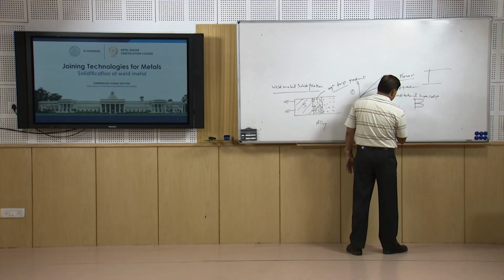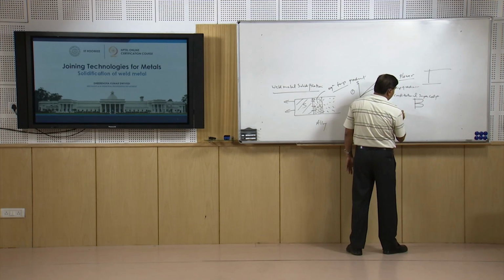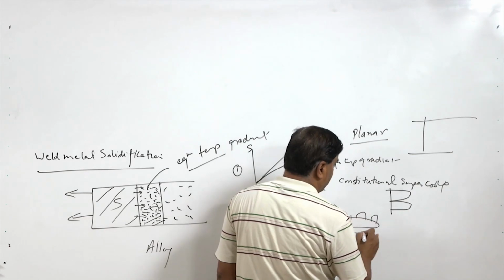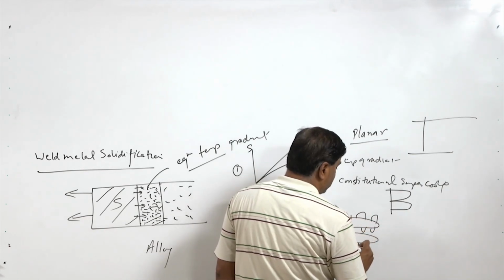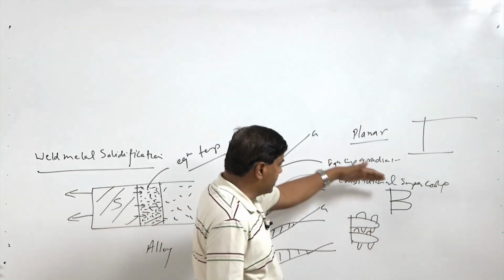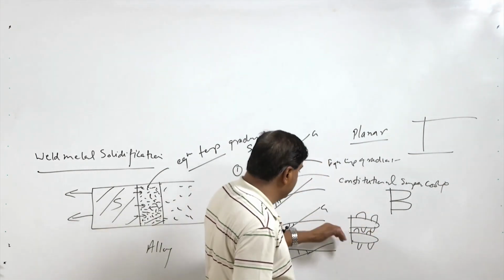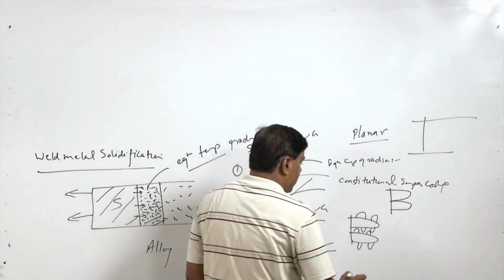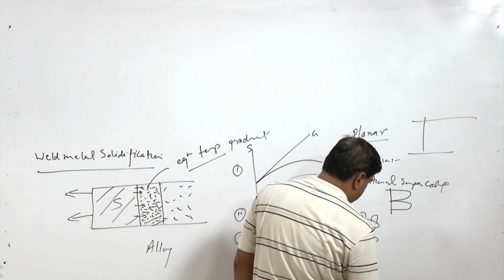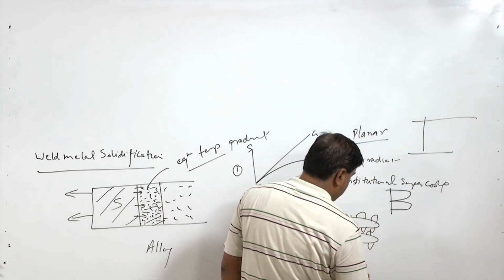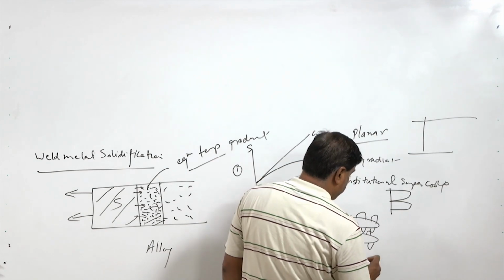Further increasing constitutional supercooling results in the formation of the dendritic structure like this. So, increasing constitutional supercooling results first in cellular, then further increase results in the dendritic structure, and thereafter it causes an equiaxed grain structure like this.